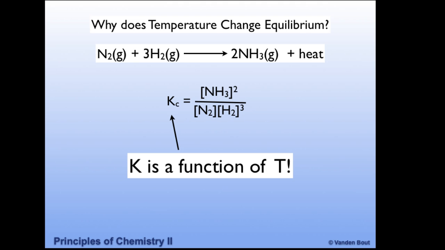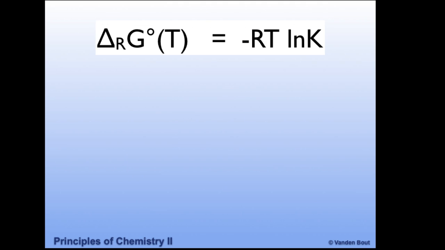Why is that? Let's look at our understanding of K from a free energy perspective. So delta G is equal to minus RT natural log K. And so we can imagine delta G has a temperature dependence, and there's another temperature in the equation. When we're looking at this, you always want to realize that the temperature dependence of K has several factors.